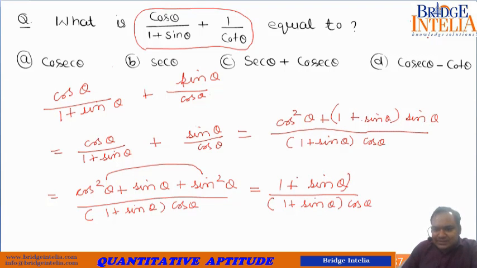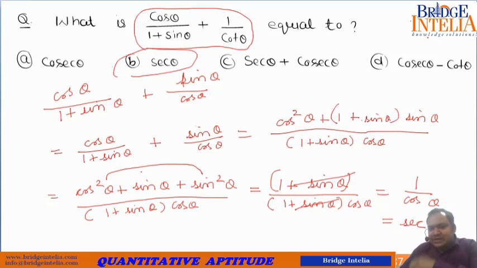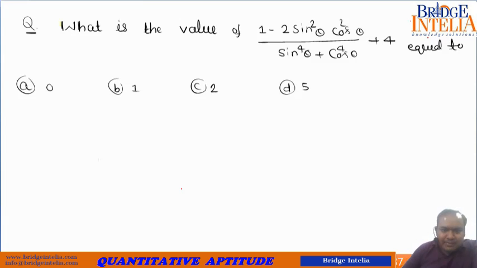So this 1 plus sine theta and this 1 plus sine theta will cancel each other out. So this is nothing but 1 upon cos theta. So 1 upon cos theta is what? Sec theta. So sec theta is the answer. So here it involved application of an identity. Which identity? Cos square theta plus sine square theta is equal to 1. So now let's move further.